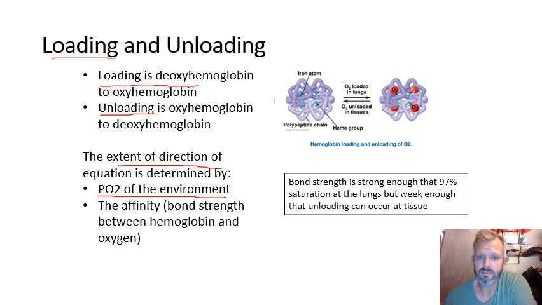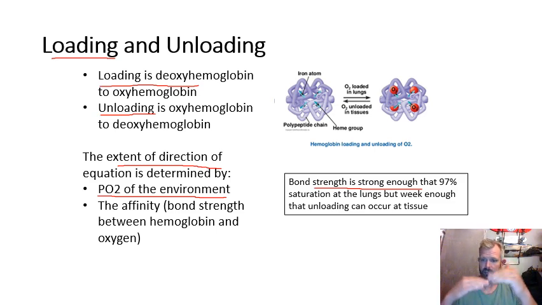In high oxygen environments, there's going to be a higher affinity and further bond strength to bind oxygen. When PO2 is low, hemoglobin is going to be more willing to unload the oxygen. So in high O2 environments, it's going to load, binding with higher affinity to oxygen, and at lower partial pressures, it's going to be more willing to unload the oxygen from hemoglobin.